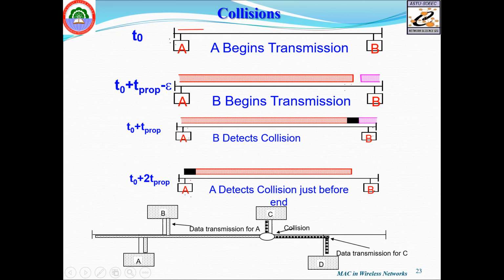So let us assume that node A is transmitting information to node D. Node A is initiating the packet transmission. It has to check whether this particular cable is clear or free.